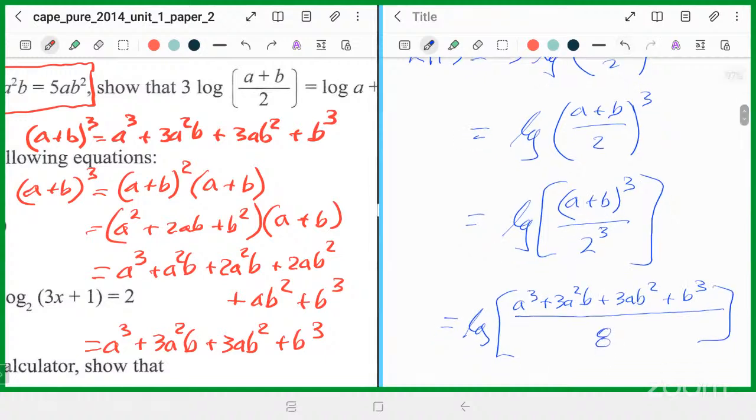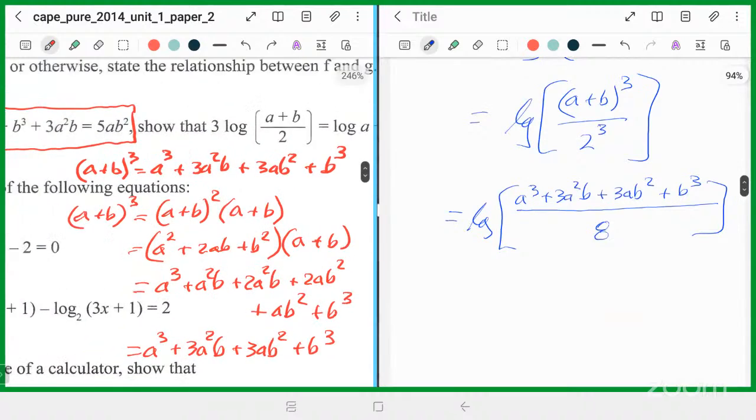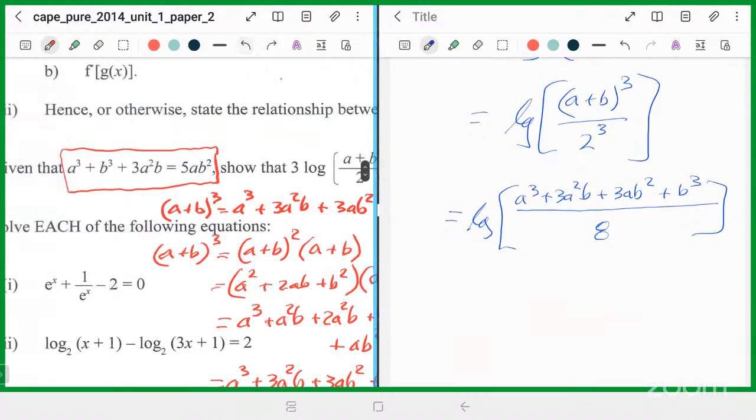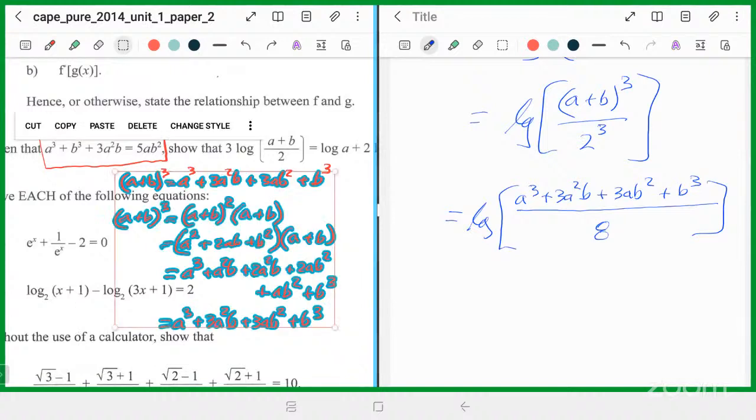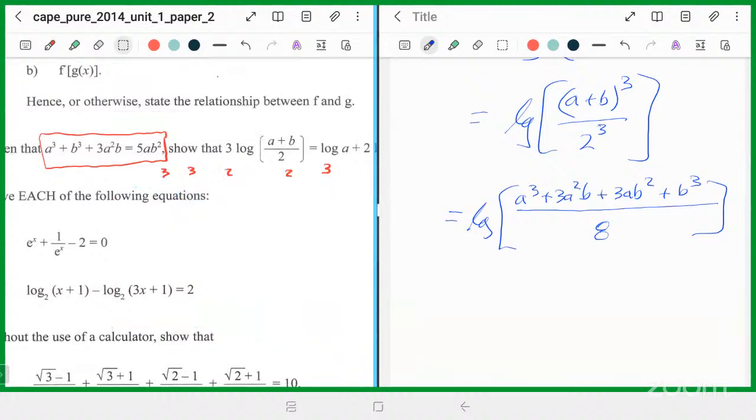All right. And remember now, don't use this thing over here yet. I can take these off, as I just explained. Let's use this to show how we'll get that expression in the bracket there. Expansion of the cube. So this thing right here now, remember, the a cubed plus the b cubed plus 3a squared b is equal to 5ab squared.